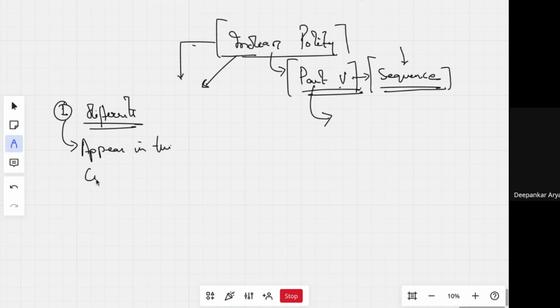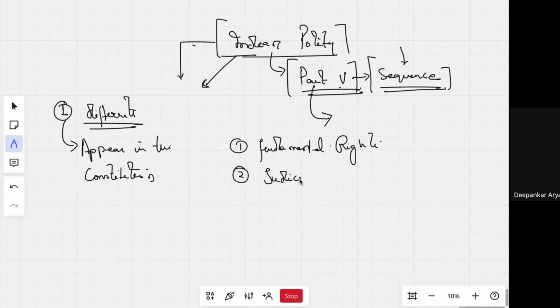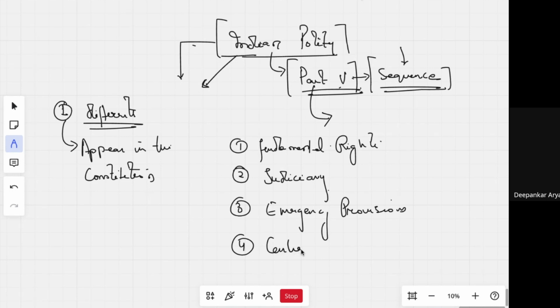For example, they have given fundamental rights, Indian judiciary, emergency provisions, and then, let's say, central bodies or center-state relations.